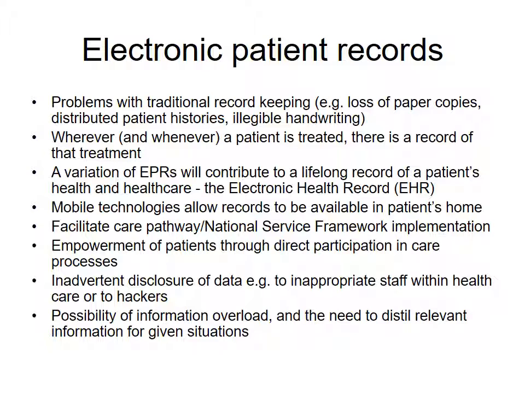And a variation of electronic patient records is what is called the electronic health record, which is something actually more complex, more complete, because it covers the history of a patient from birth to death. So in this case, different care settings or different institutions contribute to aggregate data into a single record.